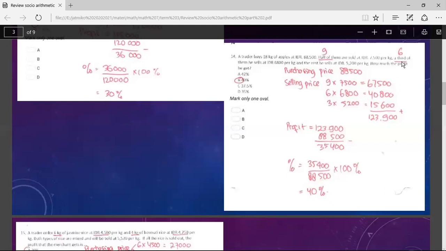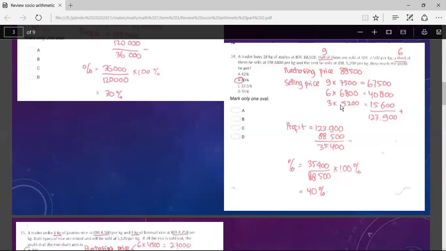And then a third of them, a third of 18 is 6. So 6 times 6,800 per kilogram is 40,800. And then the rest, 18 minus 9 minus 6, so the remaining is 3 kilograms.